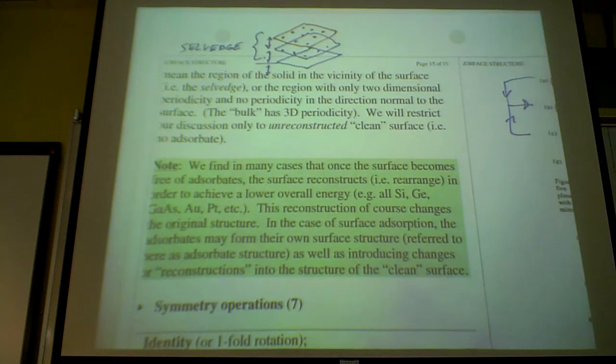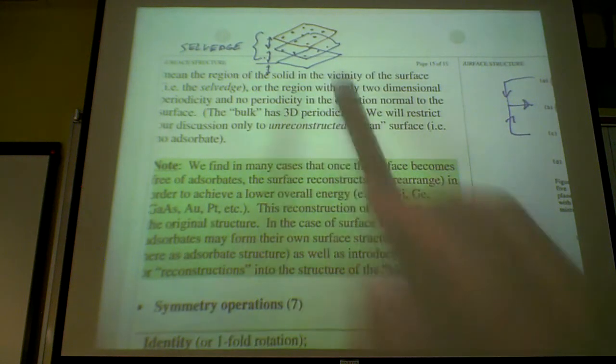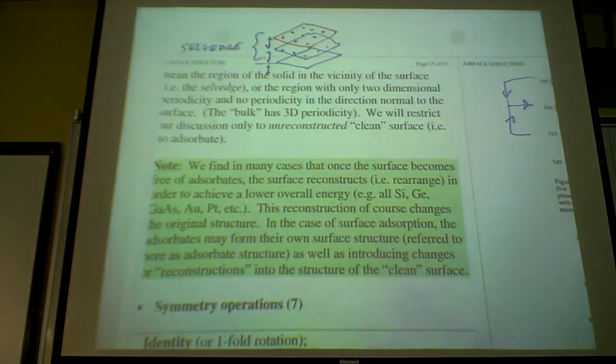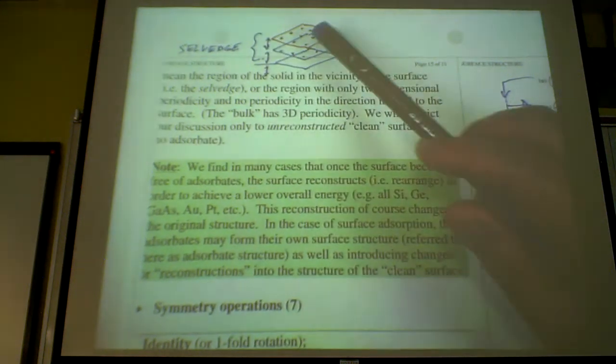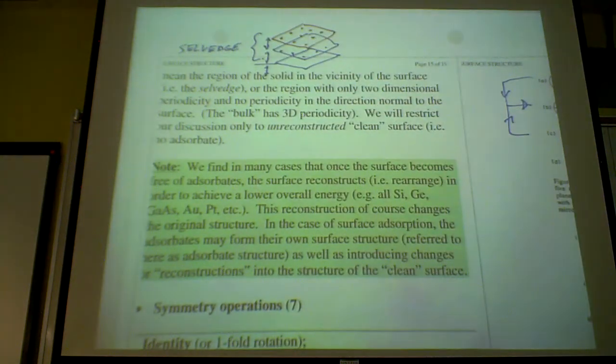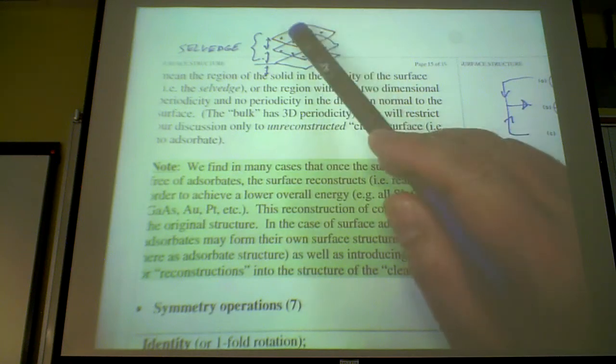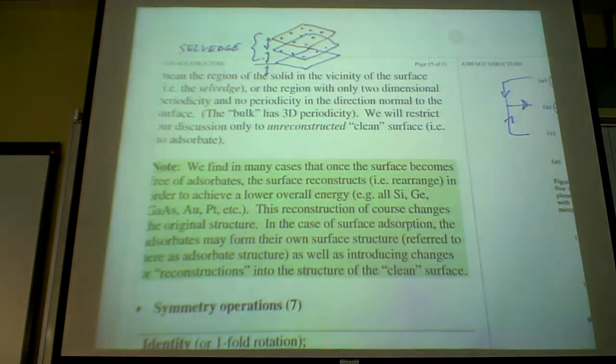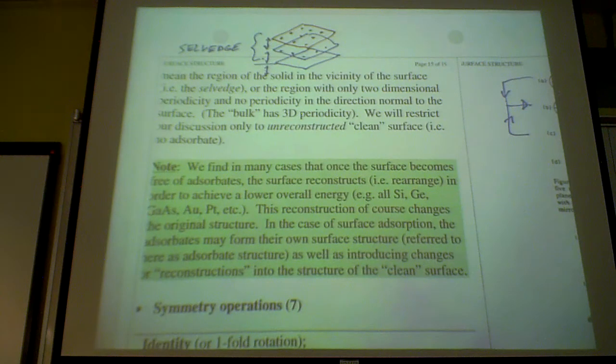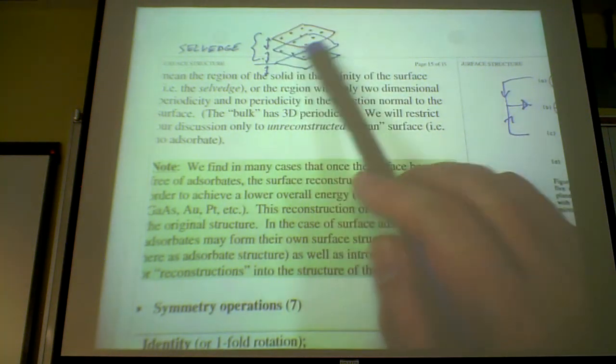But then what is even more interesting? You have a clean surface, which will reconstruct, but sometimes you also have reconstruction when you put adsorbate on top. Let's say you expose CO on top of platinum. The CO itself would go for the regular site on this atom, and sometimes it may de-reconstruct the surface itself.